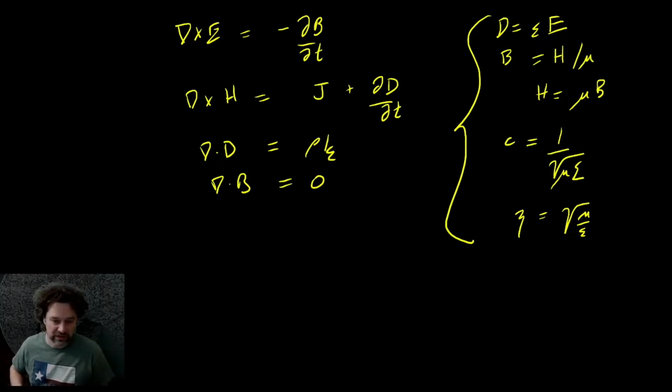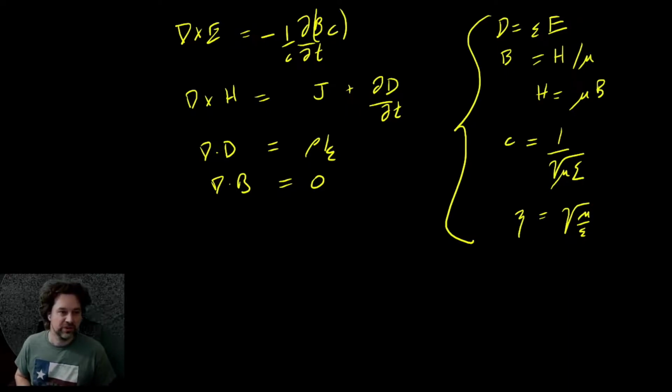So we're going to start here. Just going to move this sign over. So to convert the 1 over time so that it has the same units as the gradient, we'll add in a 1 over c, and then we'll scale our field by c. So now we have dimensions of gradient equals dimensions of 1 over c d dt.